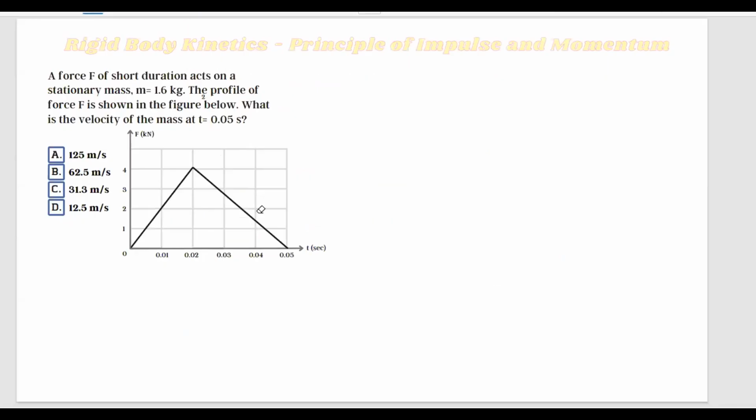Let's write these two formulas down. I'm going to write that the impulse is equal to force multiplied by dt, or multiplied by t, and the formula for momentum equals mass multiplied by velocity.